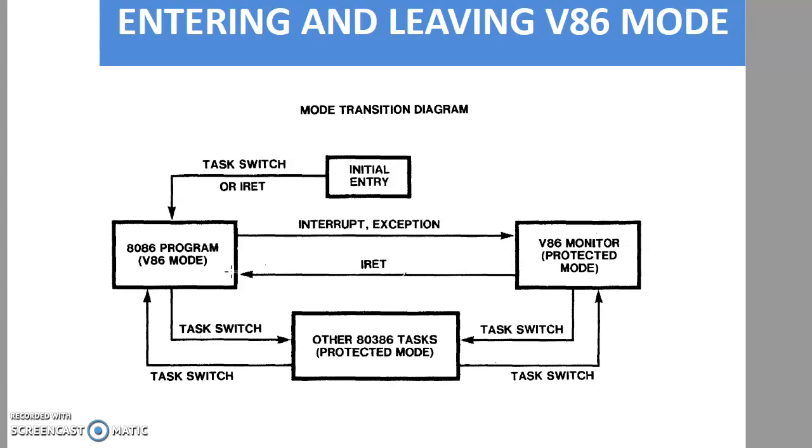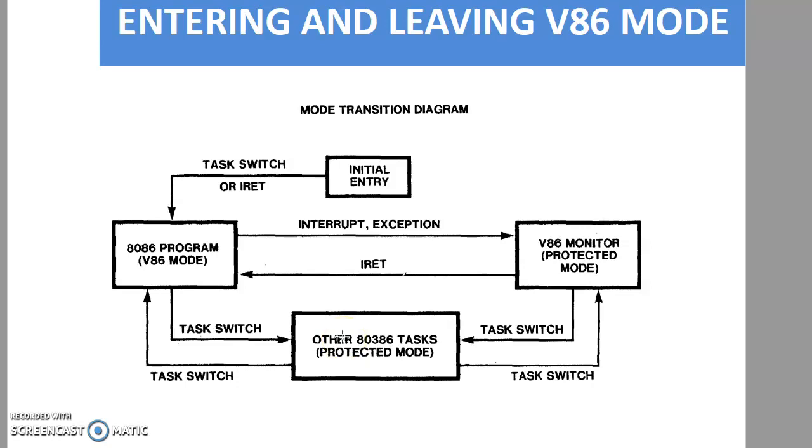Again, if you want to switch from the virtual 86 mode to protected mode executing 80386 tasks, you can do it through a task switch. So whenever there is a task switch and the VM bit is set to 0, the processor will enter into the protected mode and execute other 80386 tasks.